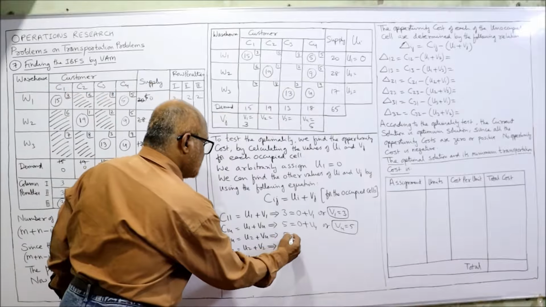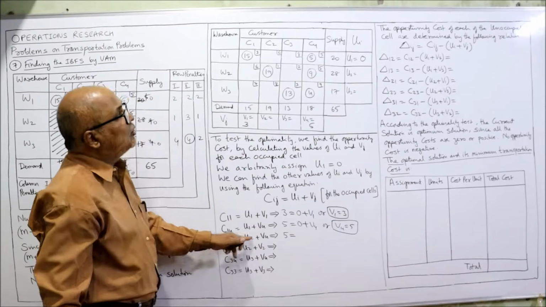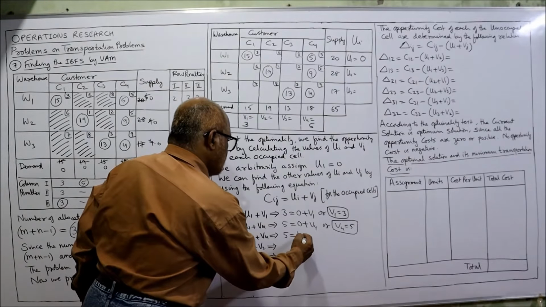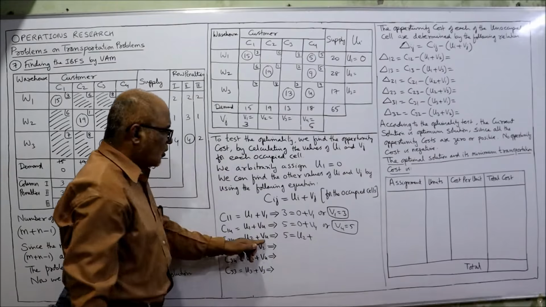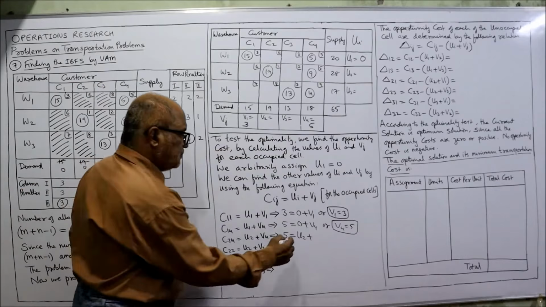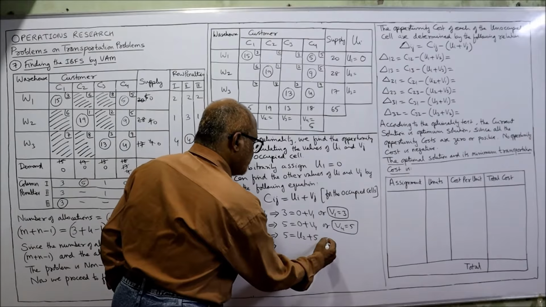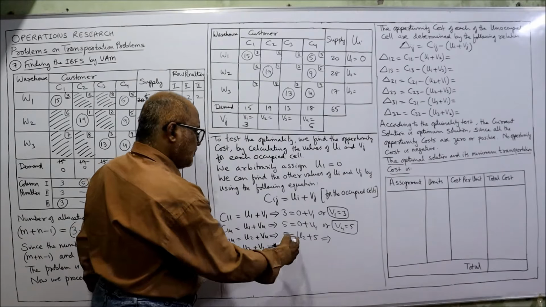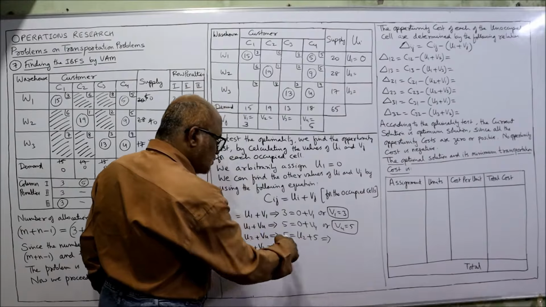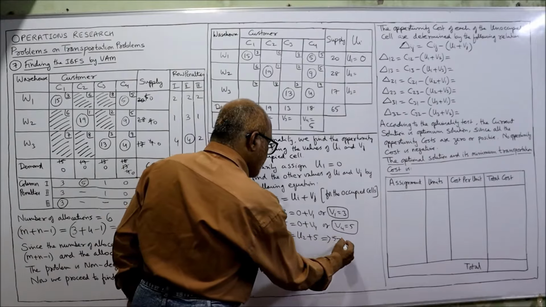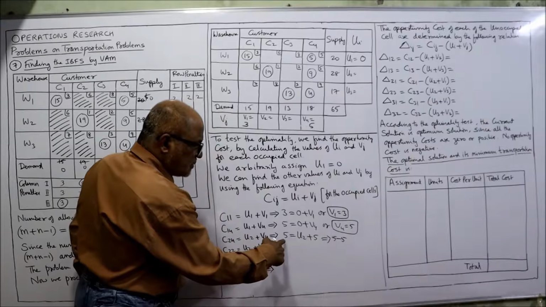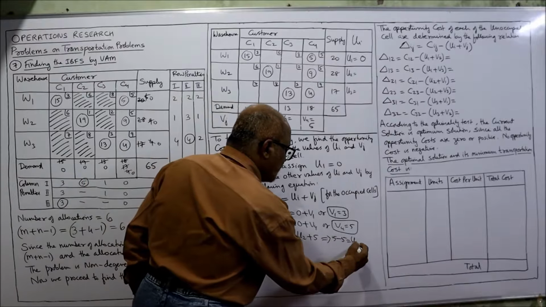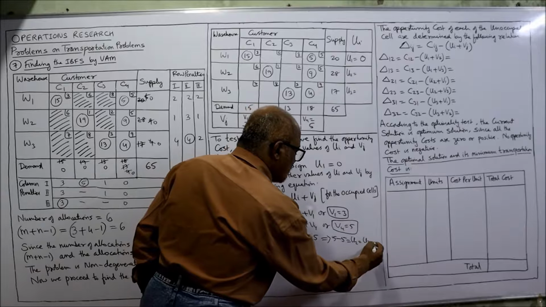So 5 is equal to U2 plus V4. U2 we don't have, but V4 we already got as 5. Bringing that 5 to the LHS, 5 minus 5 is equal to U2, or U2 is equal to 0.